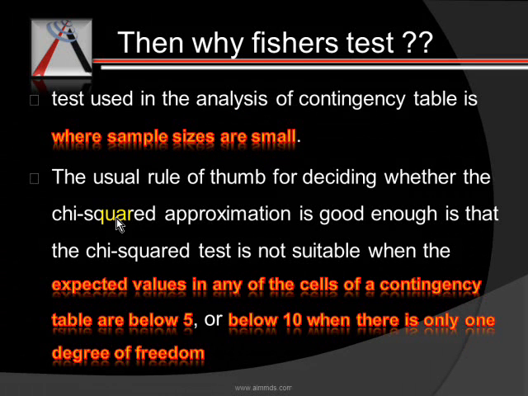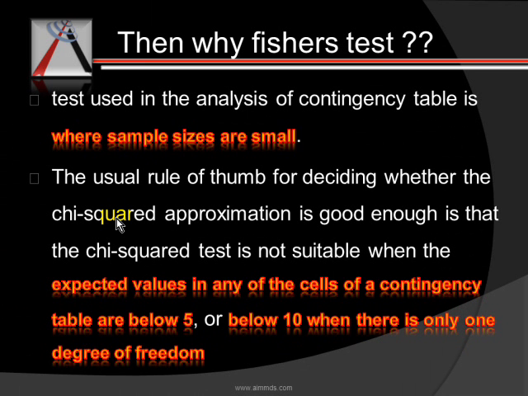And one more problem with chi-square test is the p-value, the probability value what we get in the chi-square test is approximate, because our table will not give us the exact value. It gives us a near value, and because of this approximation there are always chances of error, and so Fisher's test is usually a replacement for the chi-square test.